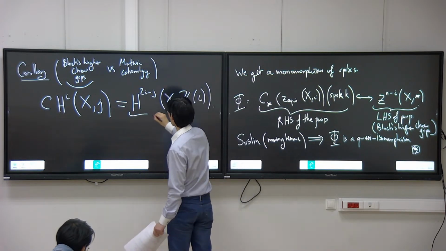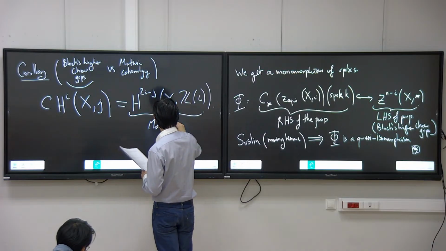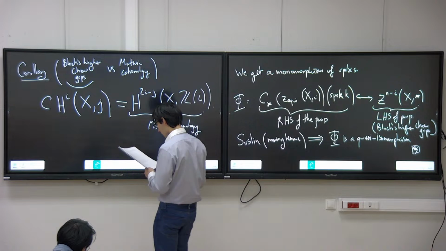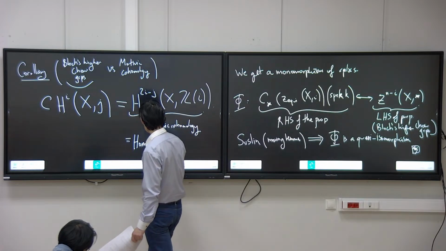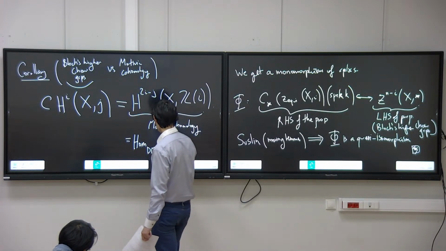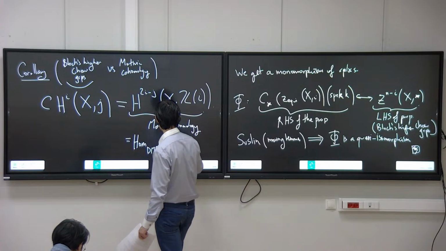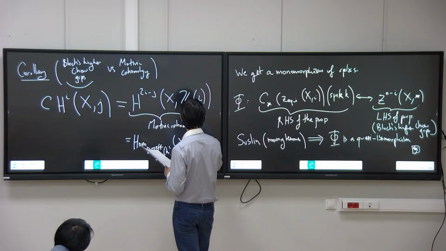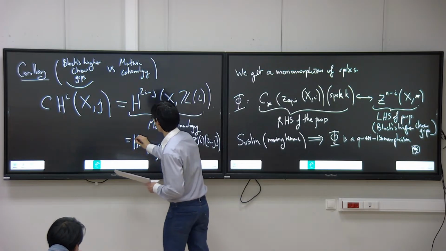This guy here, just so I recall, is motivic cohomology, which by definition is equal to homomorphisms in motivic complexes, of X, of Z of i, 2i minus j shift. So that's just by definition.